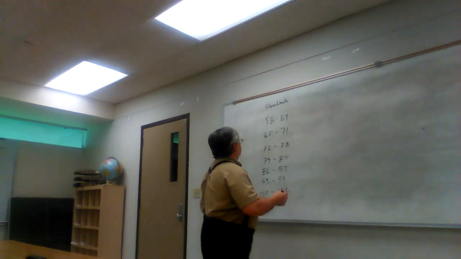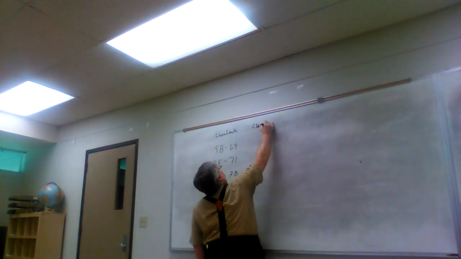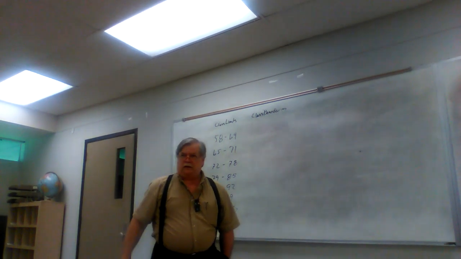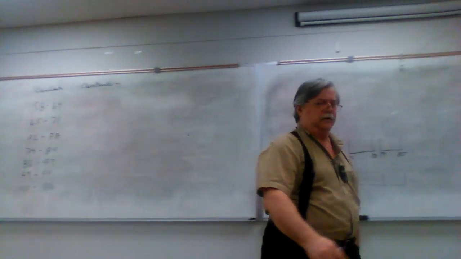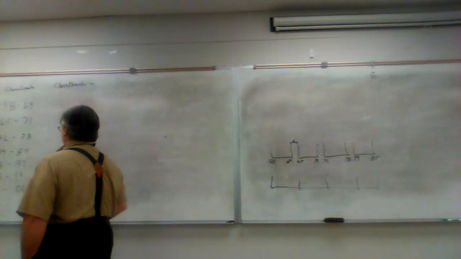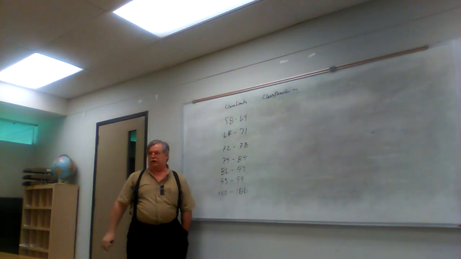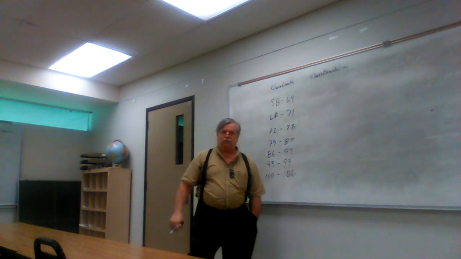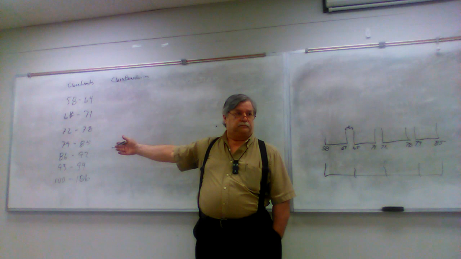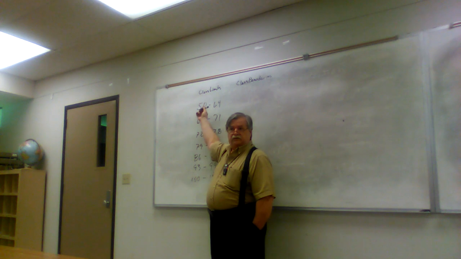That's why we include class boundaries. When you make up your classes, there can be no overlap. We cannot say this class would be 58 to 64, and this class would then be 64 to 71. That won't work, because if one of those data is 64, which class do we put it in? It could go in either one if we make the class limits equal.